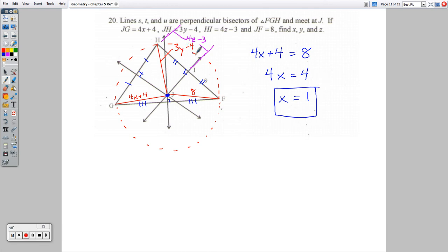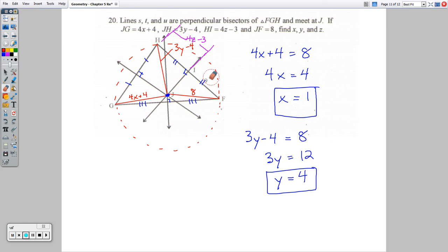So y, 3y minus 4 equals, well, that's got to equal 8 as well. So you can add 4 to both sides and divide by 3. You've got y equals 4. And then finally for z, do we know any other information in this picture? Let's see what we got here.